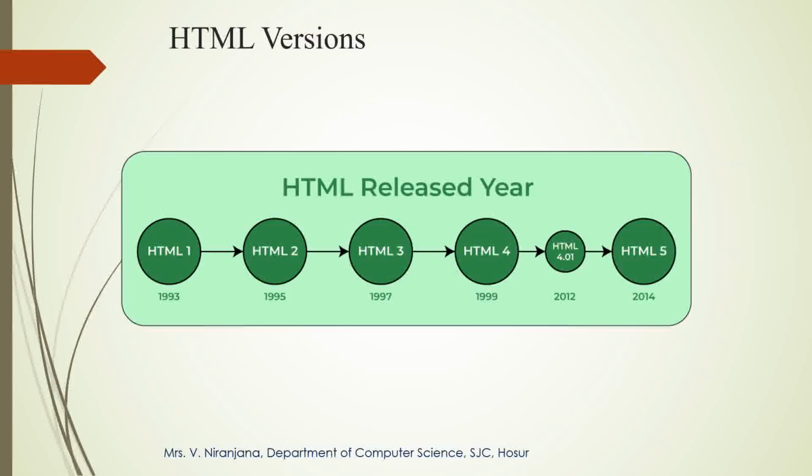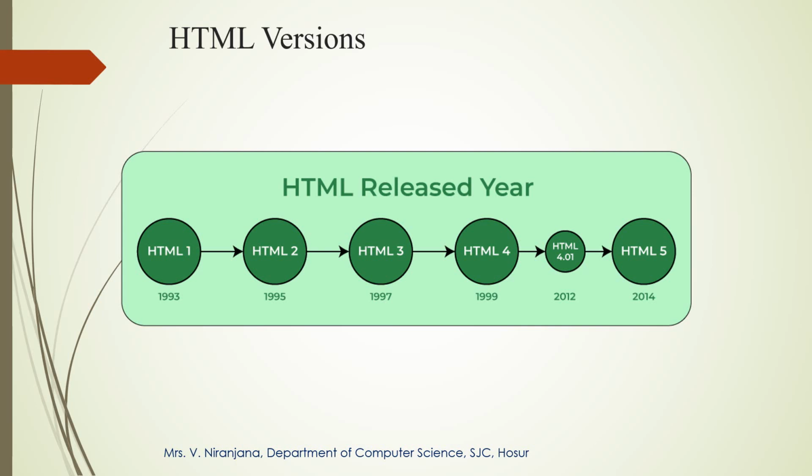Next, we will learn about the HTML versions. HTML is a markup language used by the browser to manipulate text, images, and other content in order to display it in the required format. HTML was created by Tim Berners-Lee in 1991.